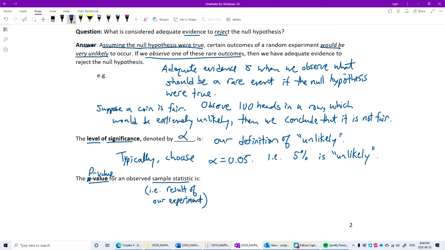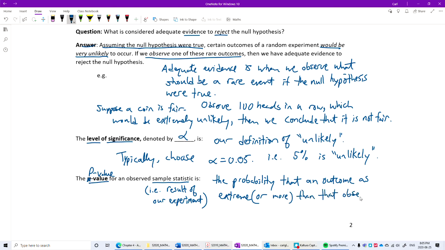The P-value for the observed result of our experiment is the probability that an outcome as extreme or more extreme than that observed outcome occurs, given that the null hypothesis is true.